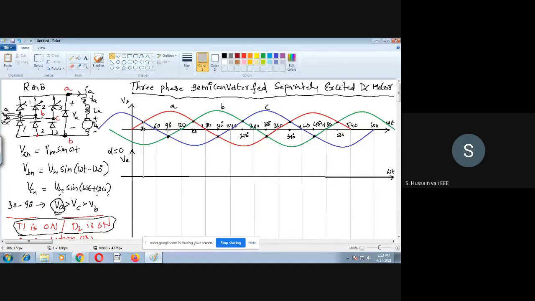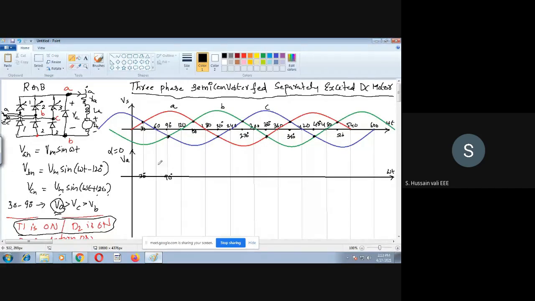So this is 30, whereas this is 90. For this duration, I will write here 30. For the first time I will do all these things, and the next ones you can do yourself. Between 30 to 90, the voltage across the motor is VAB because T1, D2 are on.